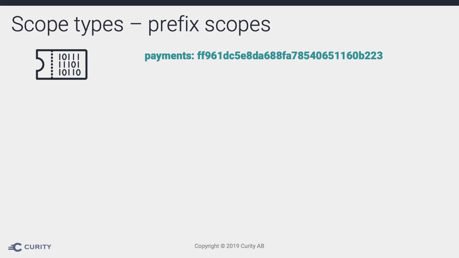So the next time I'm doing another payment, there will be a new ID and I will be asked the question again. This ID can then be put into tokens and used in authorization decisions later on, further down the APIs. This doesn't limit the amount of scopes, but it's just another technique of using scopes.